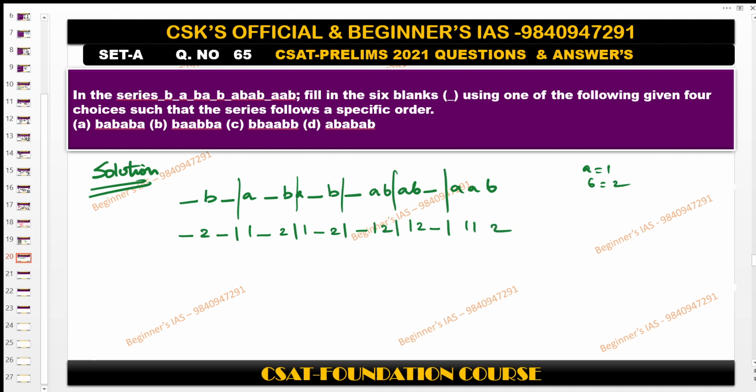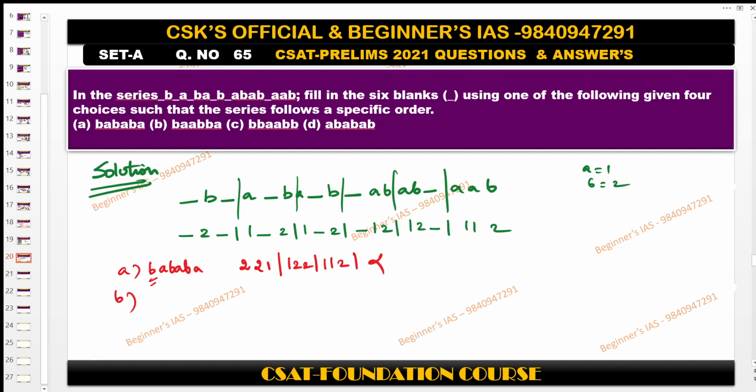So now place the options. Let us check option A, whether you are able to get some pattern or not. B, right? So 2, 2, 1. Then 1, B, right? 2, 2. Then the next one is 1, 1, 2. No, not following any pattern.